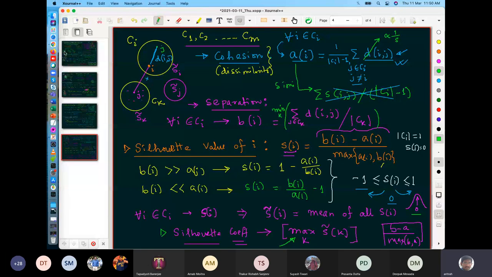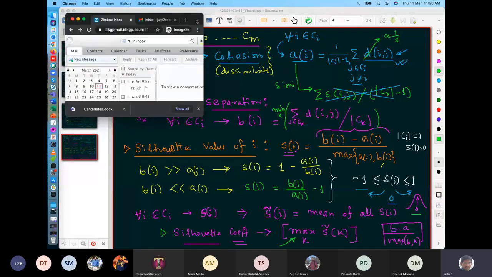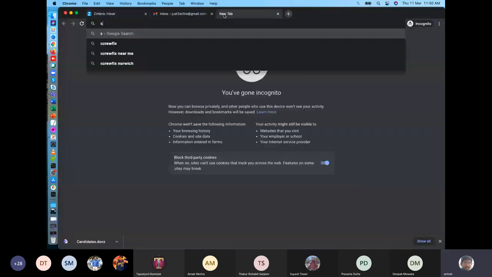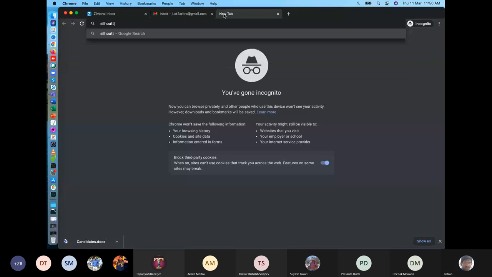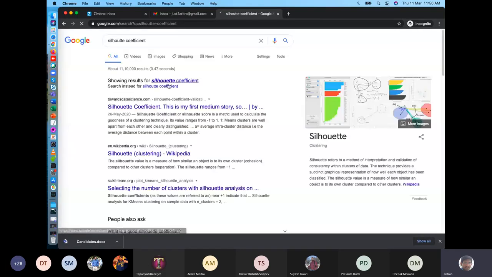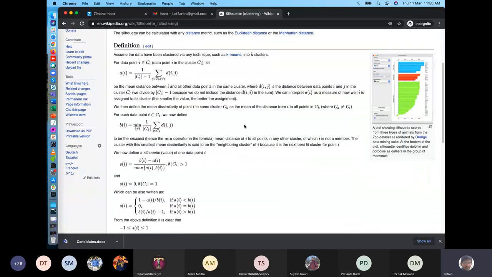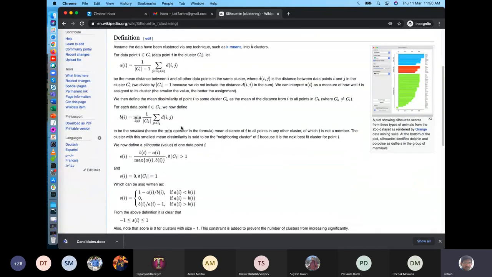I would suggest you read this from Wikipedia once, and there is also a link. I'm just showing you. This is very nicely presented. When something is of a mathematical nature, this Wikipedia article on silhouette clustering is presented very nicely. That's what I missed. This is the mean.